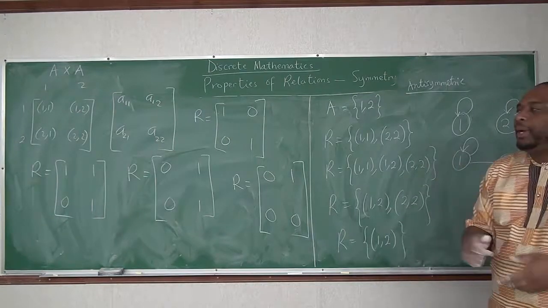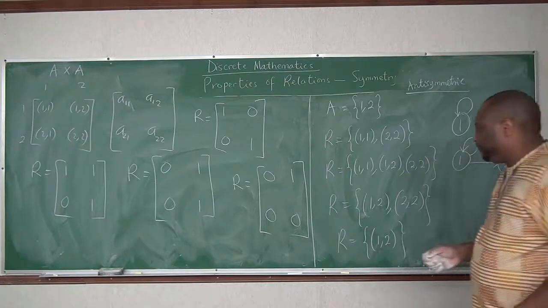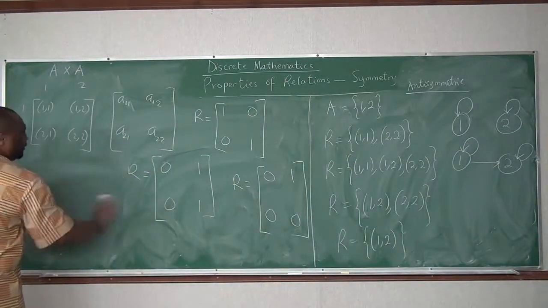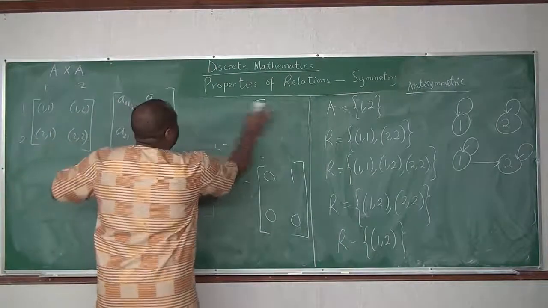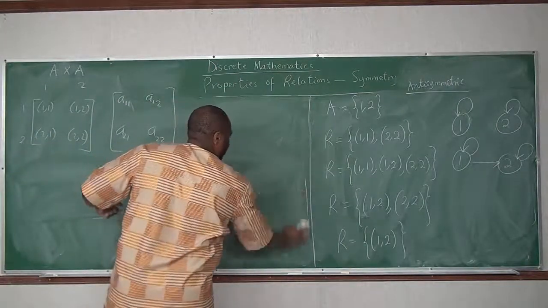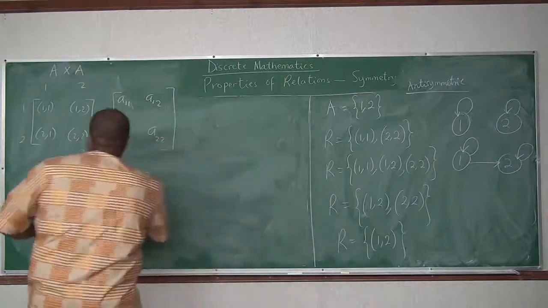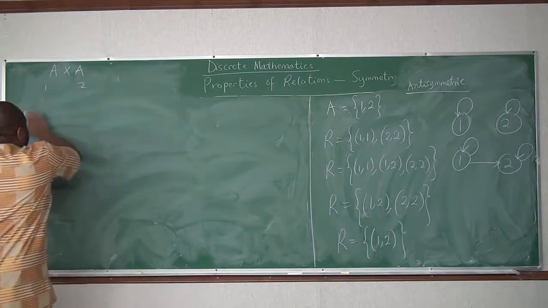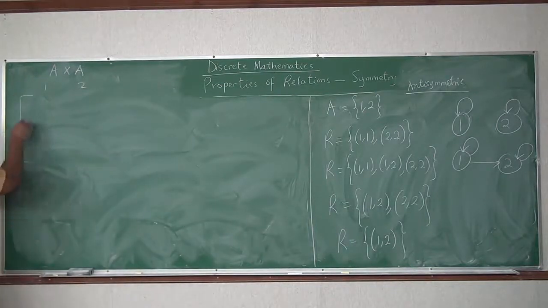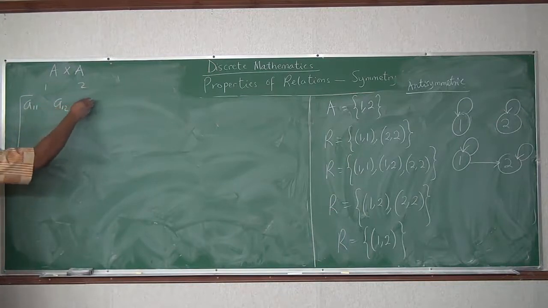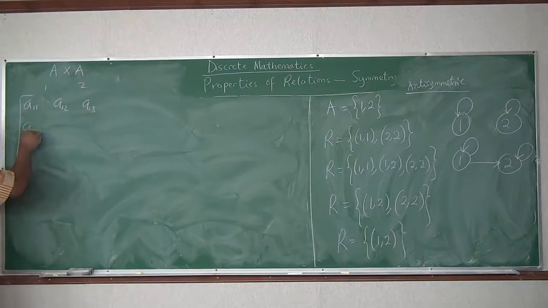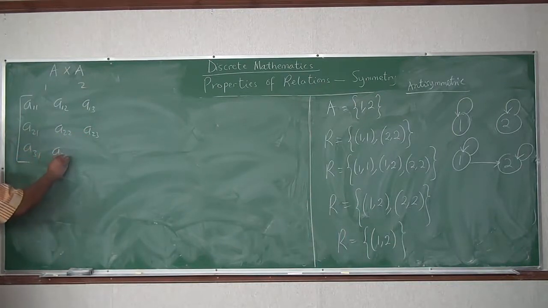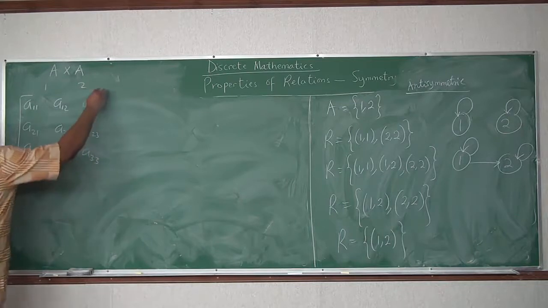This goes with 3 by 3, 4 by 4. Let me give you more examples. Let's say a 3 by 3 matrix, with entries A11, A12, A13, A21, A22, A23, A31, A32, A33.